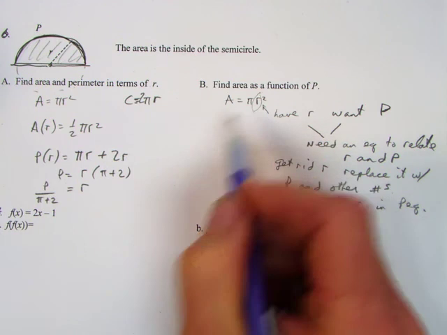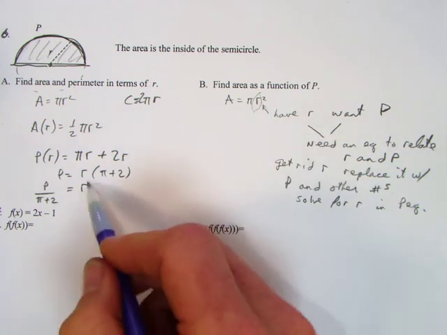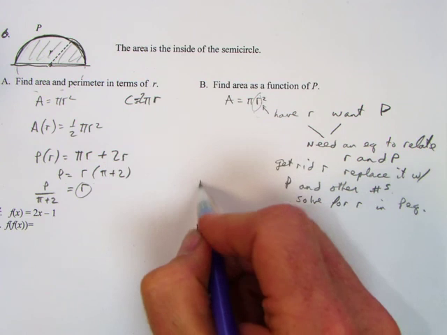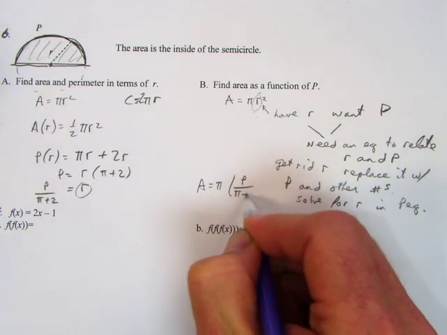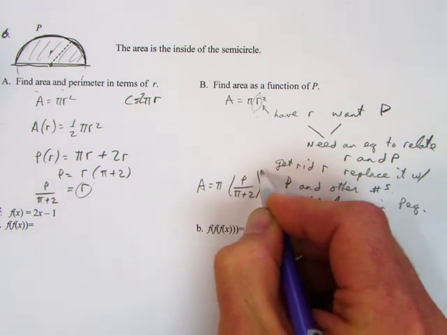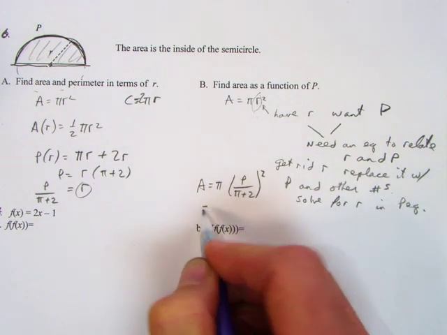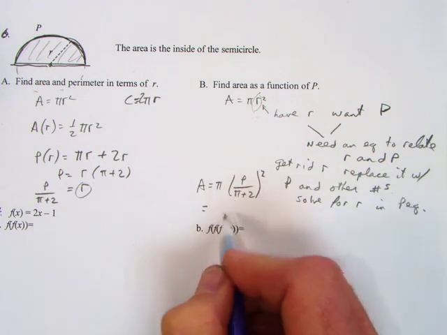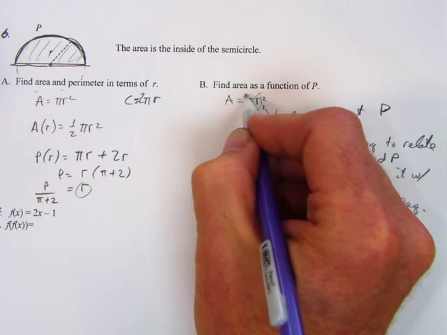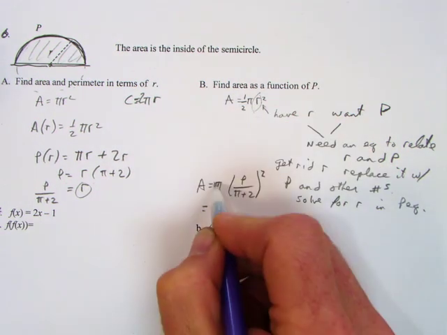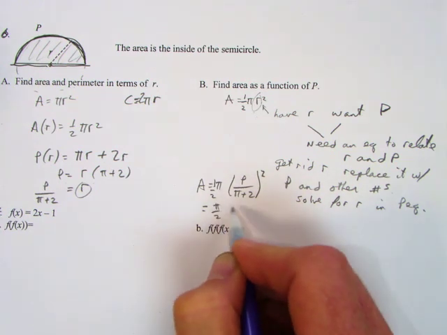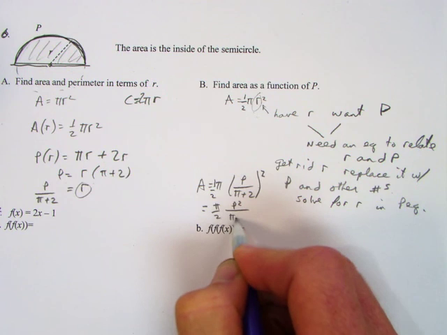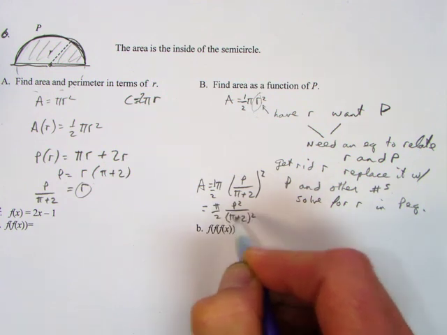Now we can take that and come back to our equation here, our r, that's the same thing, and we will have a equals pi times the quantity of p over pi plus 2, and all of that is being squared. And we can write that as, oh, I was just thinking I forgot to put my 1/2 in there. So we have pi over 2 times p squared over pi plus 2 quantity squared.